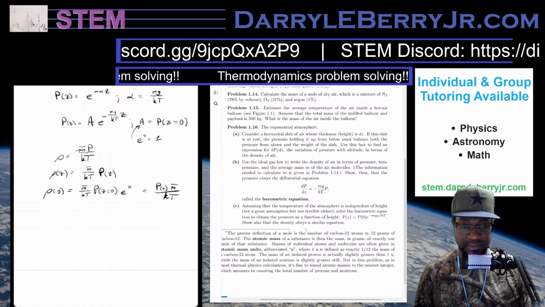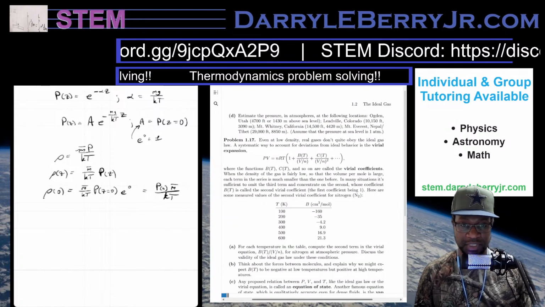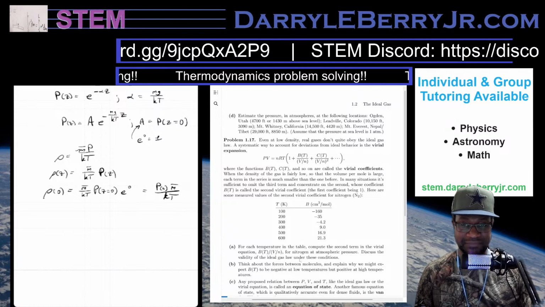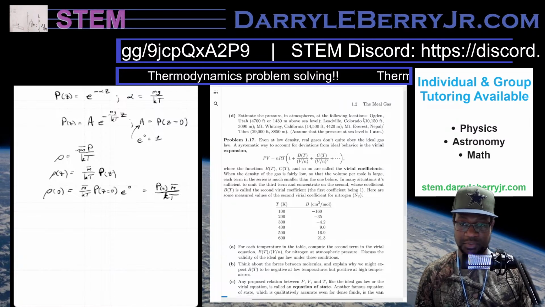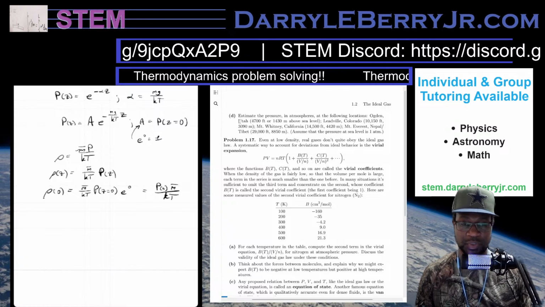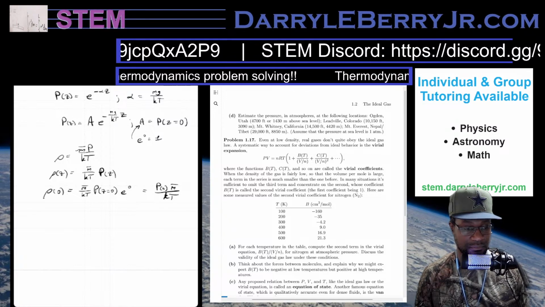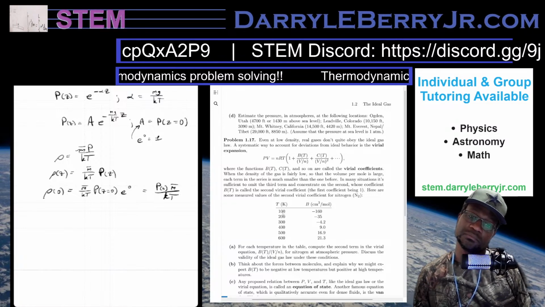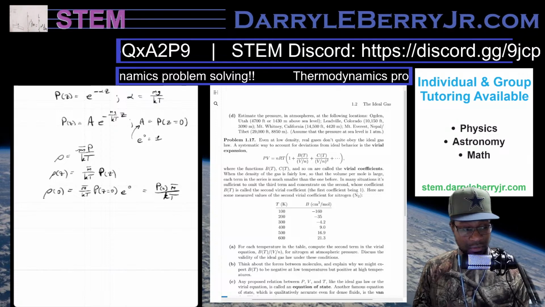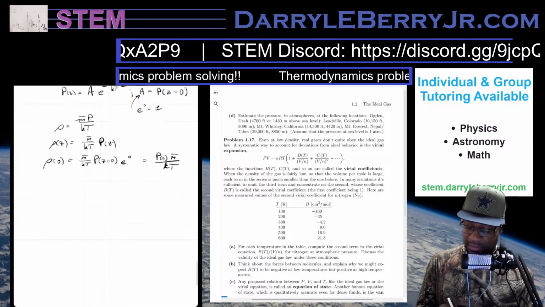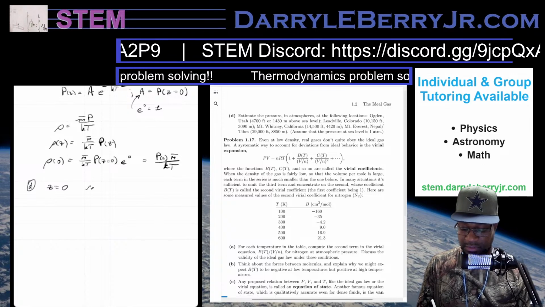And the last part says estimate the pressure in atmospheres at the following locations. Yeah, I think I missed this problem in the homework. We'll take Z equals 0 at sea level.